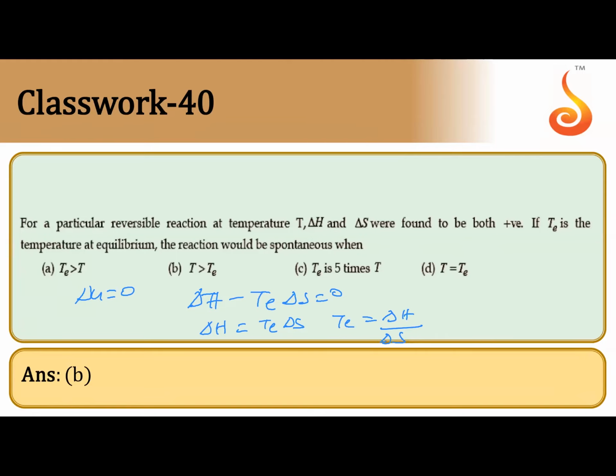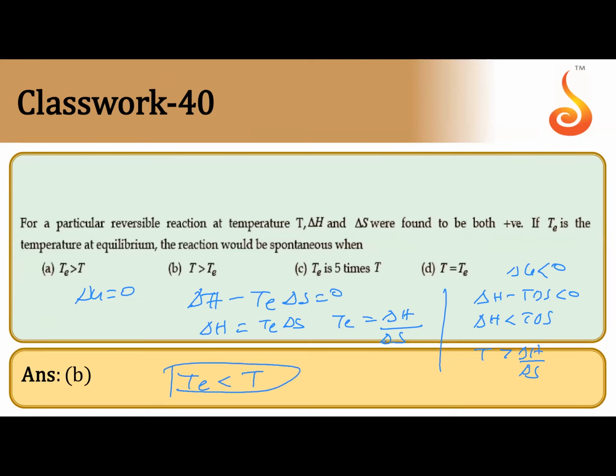For a spontaneous reaction, delta H minus T delta S is less than 0, because delta G is less than 0, which means delta H is less than T delta S, which means T would be greater than delta H by delta S, which means T is greater than Te.